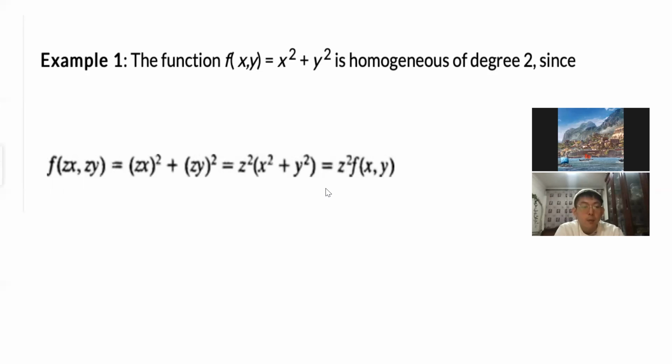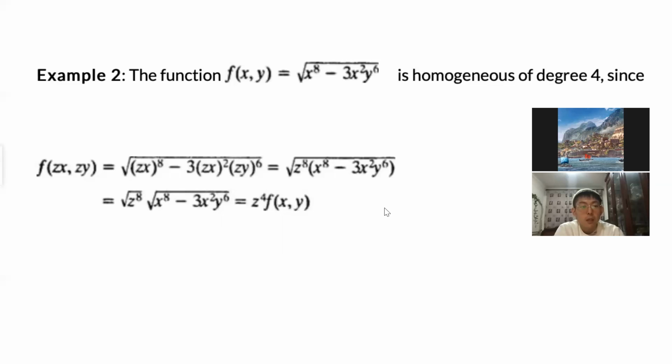When we multiply z with the independent variables x and y, it doesn't change f of x, y. We can put z squared in front. Okay.